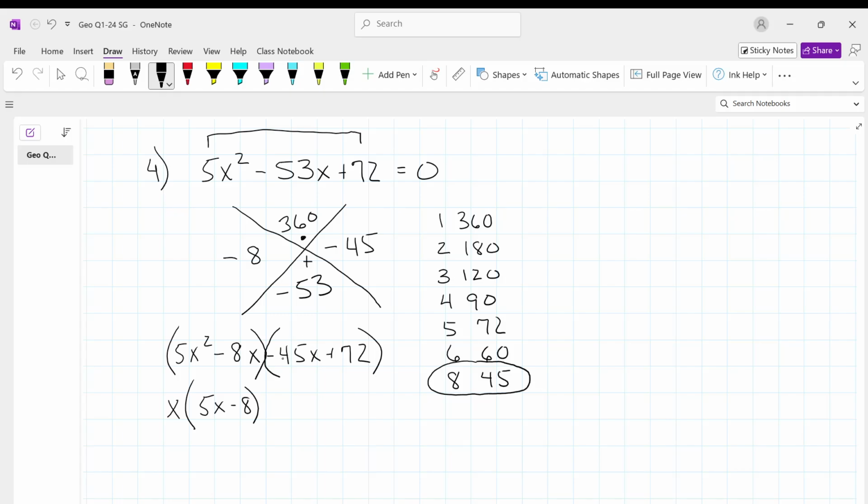Common factors in negative 45 and 72, we're going to take out a negative 9 because we want 5x minus 8 in the parentheses. So when we factor out a negative 9, negative 9 goes into negative 45x, 5x times. And negative 9 goes into positive 72, negative 8 times.